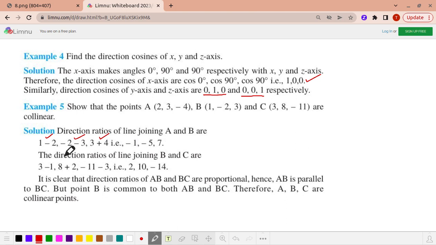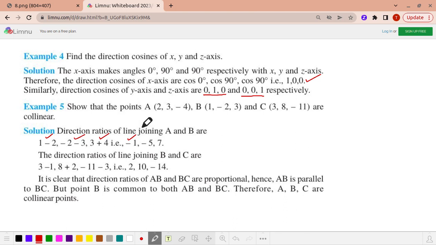If I can explain more elaborately, the direction ratios of the line joining A to B is the x coordinate of the point B, that is 1, minus the x coordinate of the point A, that is 2. So 1 minus 2, that becomes minus 1.